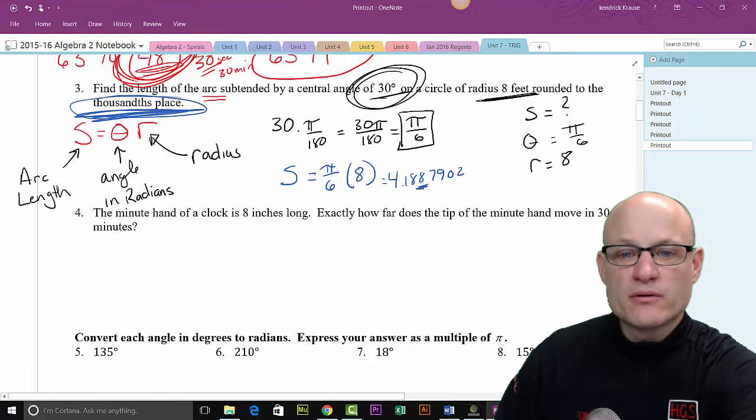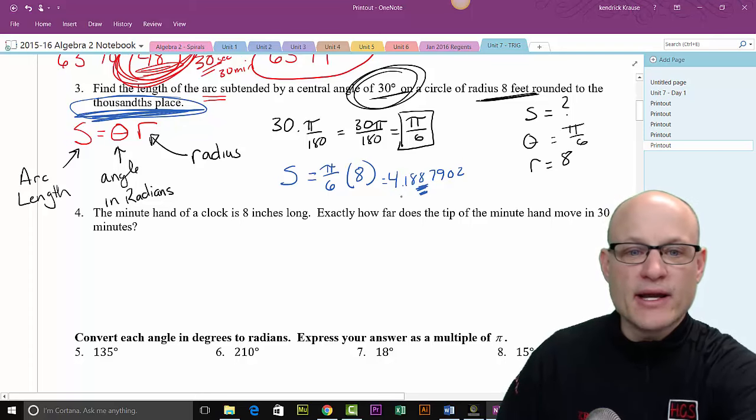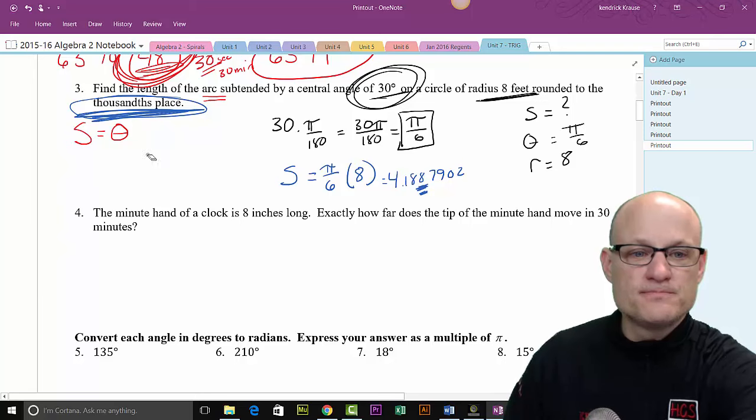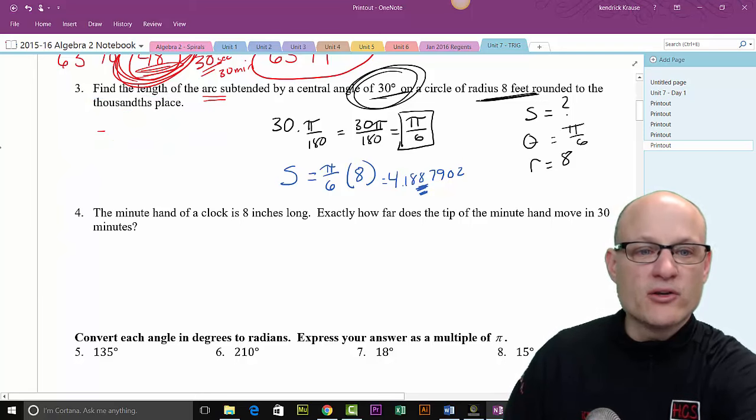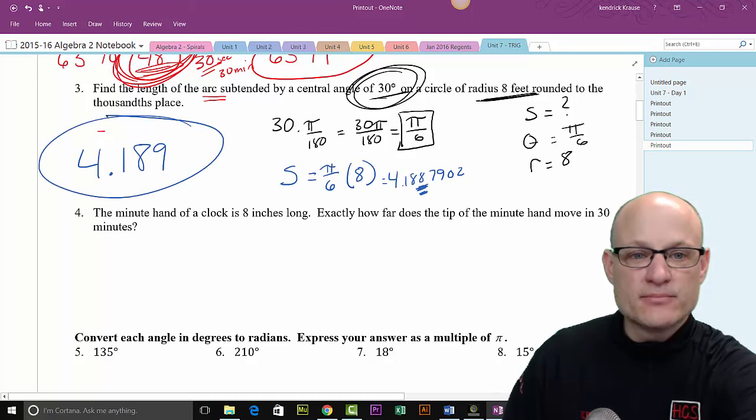And we want to round this to the third decimal place. So my answer for this is 4.189. There's my answer.